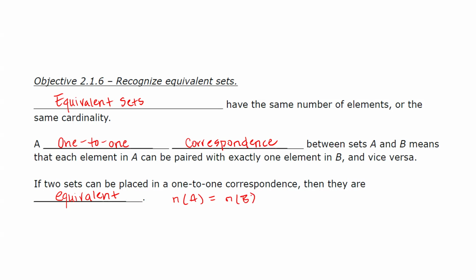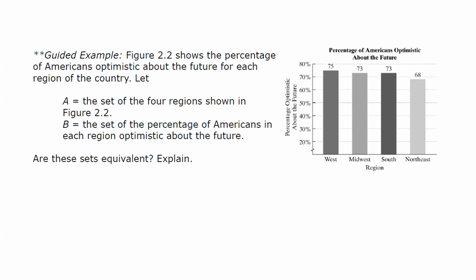Okay, so let's apply this to an example. In the figure here to the right, figure 2.2, it shows the percentage of Americans optimistic about the future for each region of the country. We are going to let set A represent the set of the 4 regions shown in this figure. And set B will be the percentage of Americans in each region optimistic about the future.